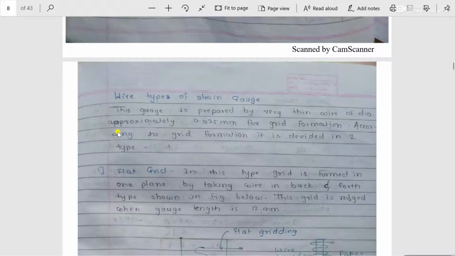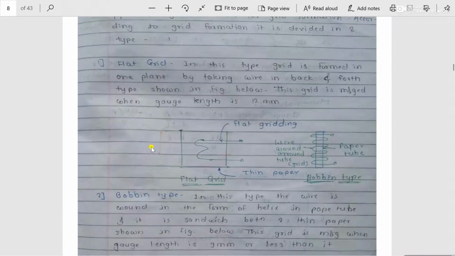And this wire type of strain gauges is further divided into two types, that is flat grid and bobbin grid. These are further divided according to the application. If you go through the basic construction of the flat grid, this is called a flat grid. Why is it called a flat grid? Because the sensitive element or grid element is formed in only one plane.